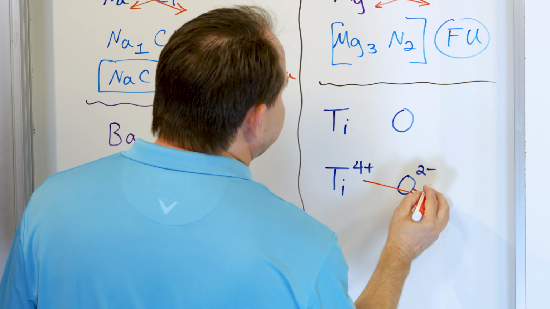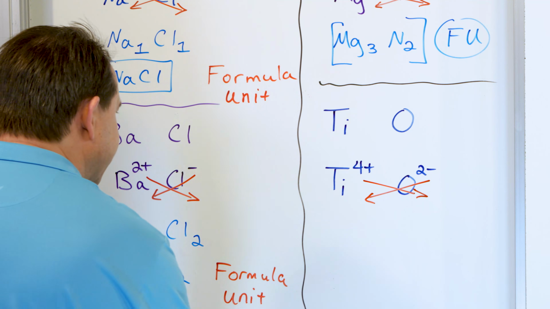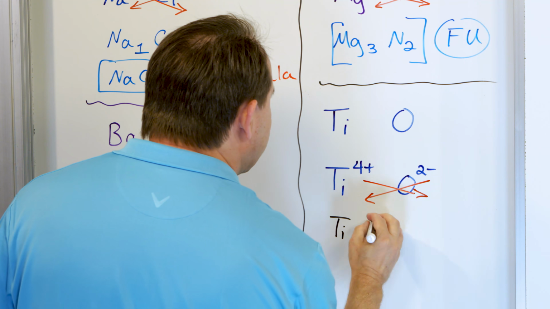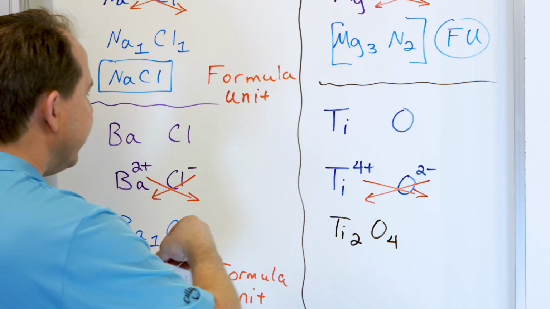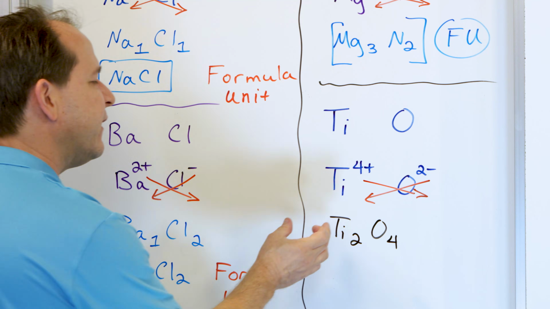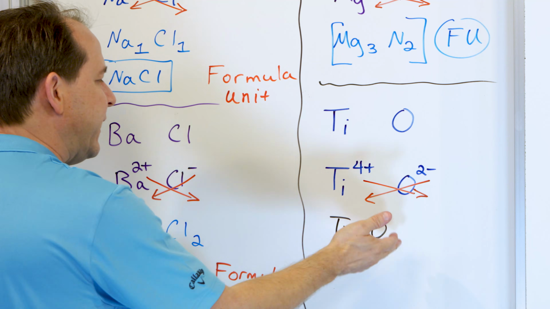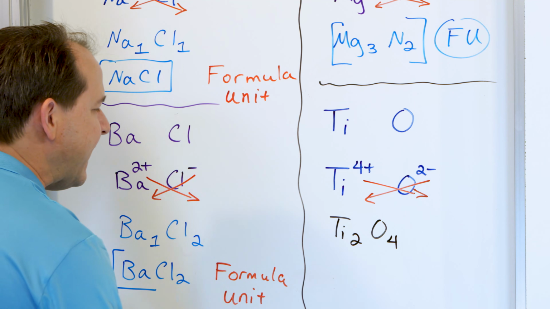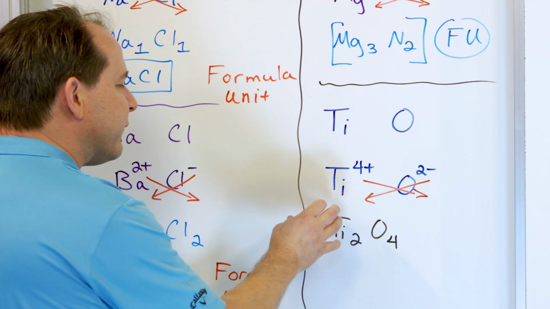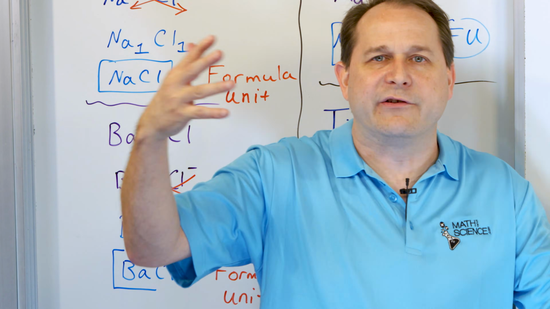So we do the crisscross like normal. And what we see is that we get Ti subscript 2, oxygen subscript 4. So this means 2 titanium atoms for every 4 oxygen atoms. So this is a good ratio. It is the ratio that we get from this exercise. However, this is not the lowest whole number ratio. Remember, it's a 3-dimensional lattice of trillions and trillions of atoms.